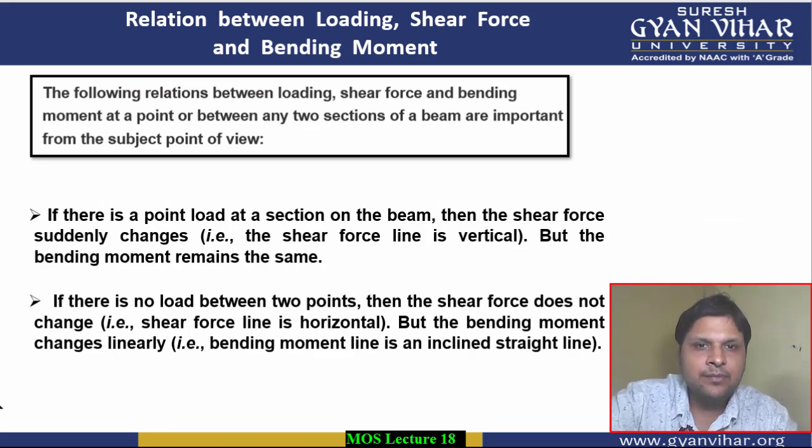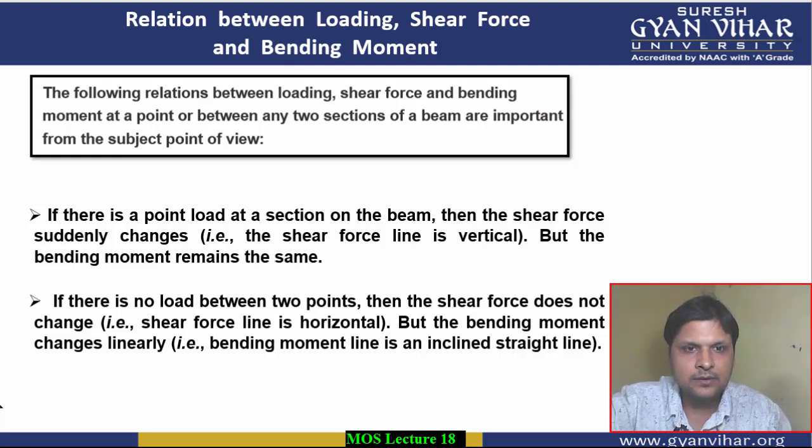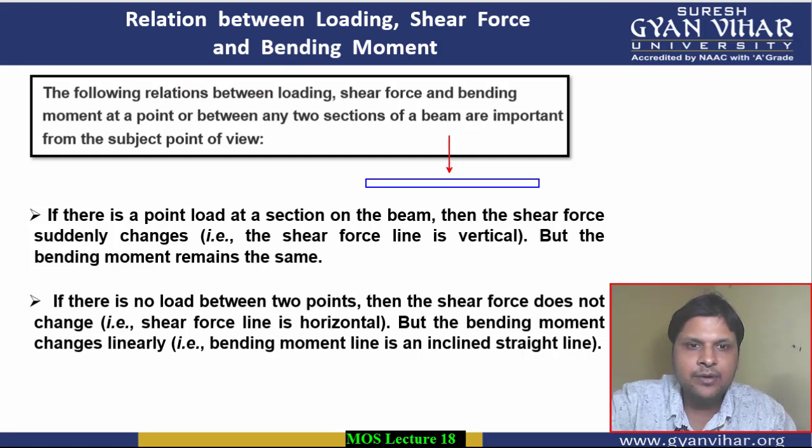Moving further, what is the relation between shear force and bending moment? This is also important to know. If there is a point load at a section of the beam, then the shear force suddenly changes. As I have told you by drawing a diagram also, whenever a point load acts on the beam, the shear force at this particular point changes suddenly, that is, the shear force line is vertical.